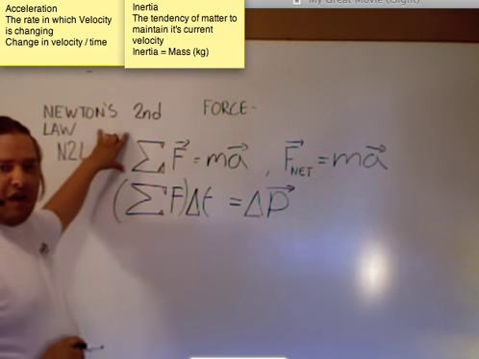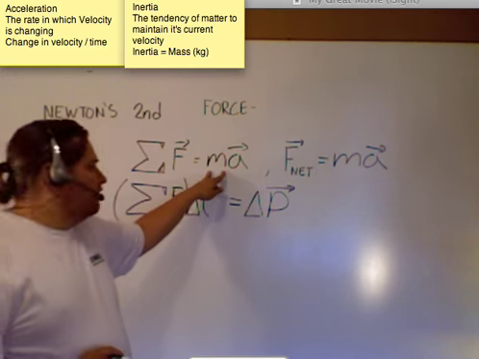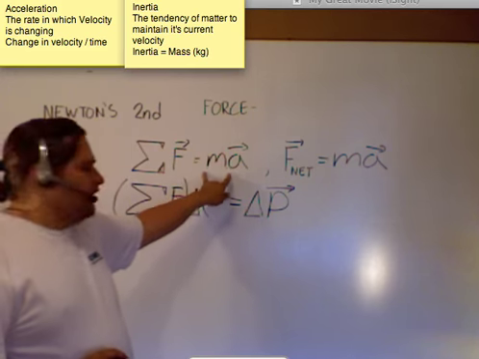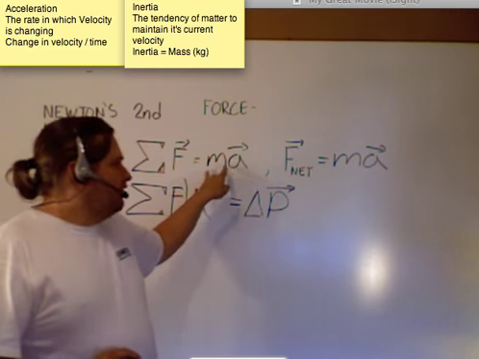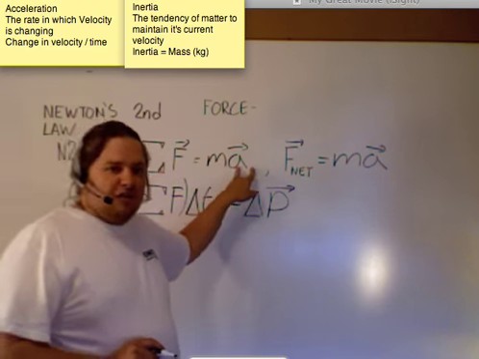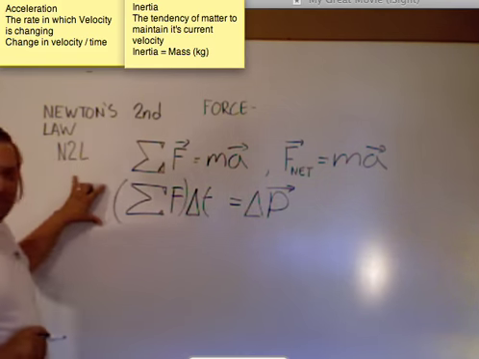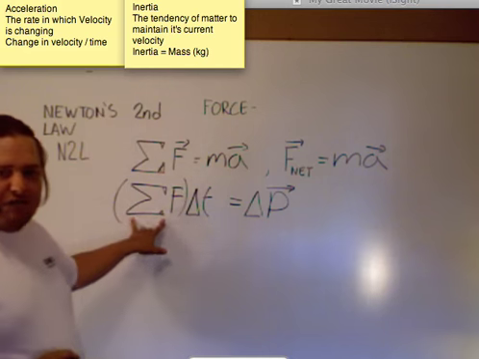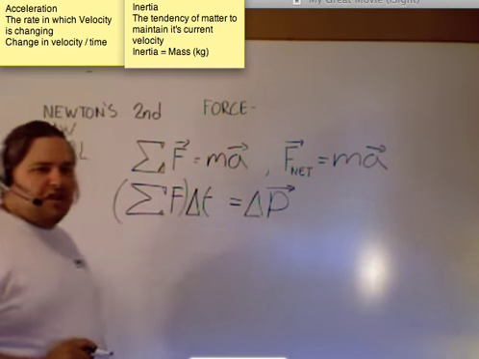This first one talks about constant mass values, which are pretty typical, especially in my class. The idea of a constant mass is pretty typical. So we can just say constant mass, change in velocity over time, which is nothing more than acceleration. The second one, this summing of my forces, my net force, times time, equals a change in momentum.